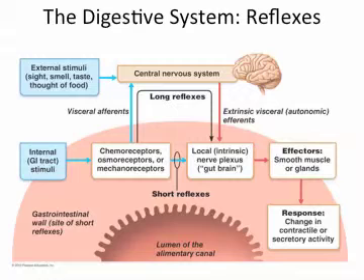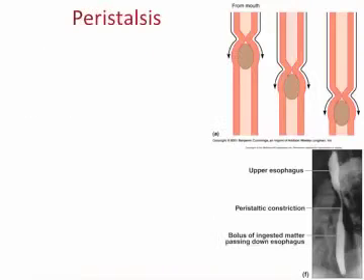Once those cells have been told by the autonomic nervous system or the enteric nervous system to perform a response, they will perform that response. Smooth muscle cells will change their contractile status, and the glands can change their secretory activity.